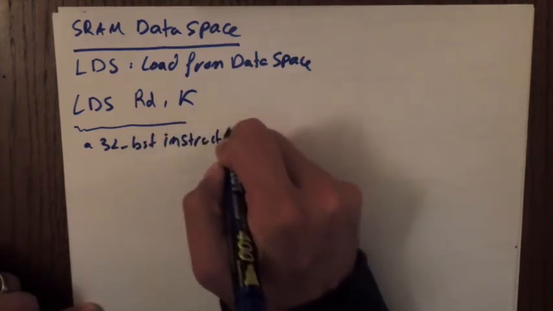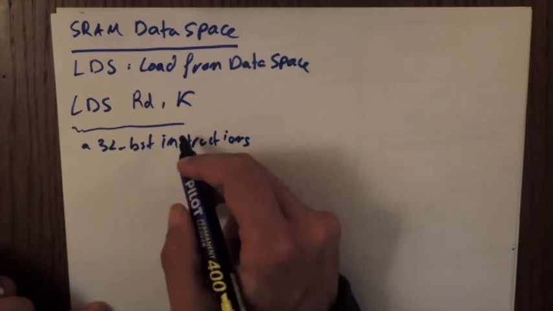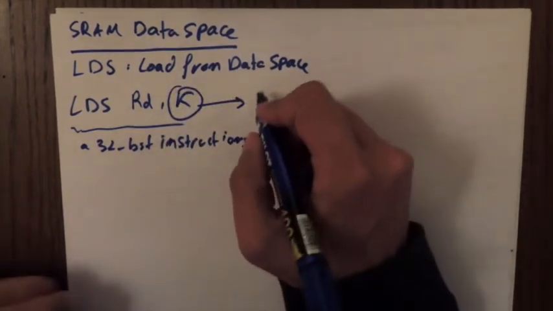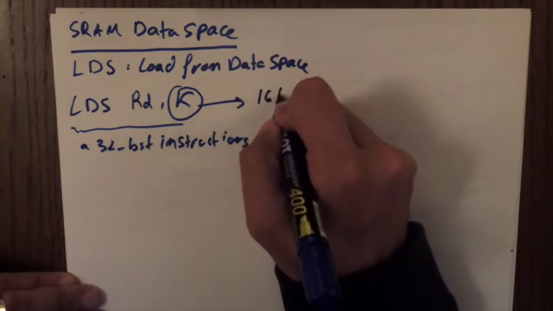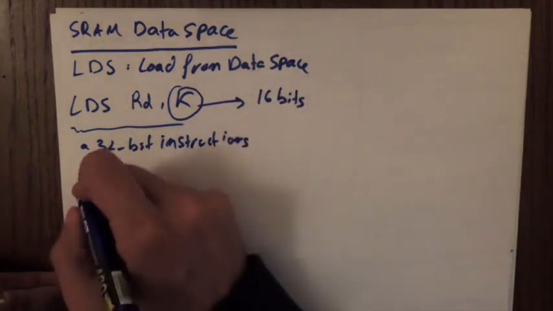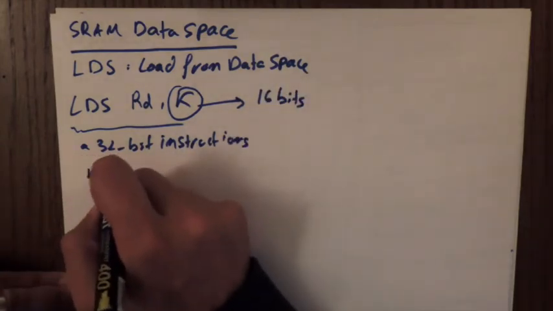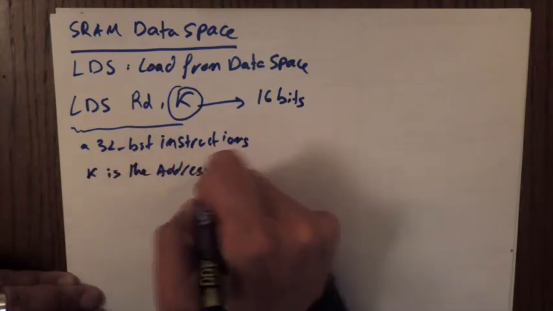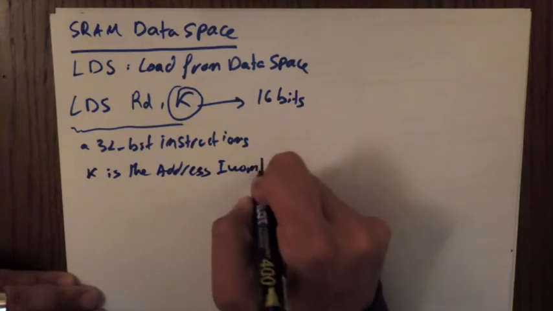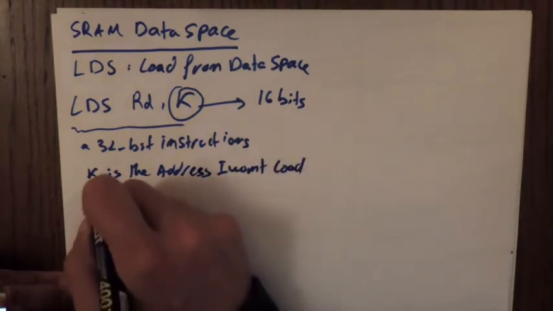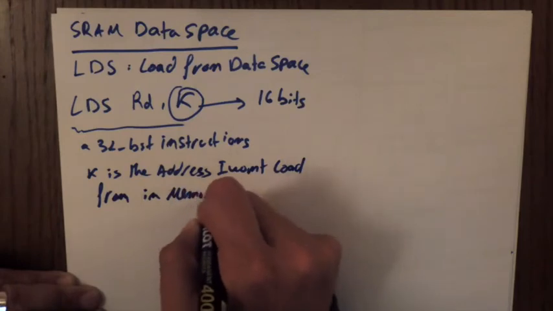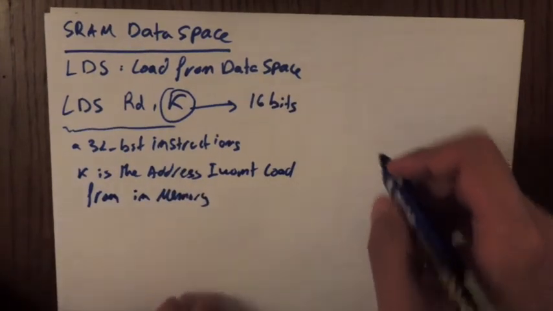We'll talk about binaries and machine language later. So K takes 16 bits. This means K is the address I want to load from in memory or data space.